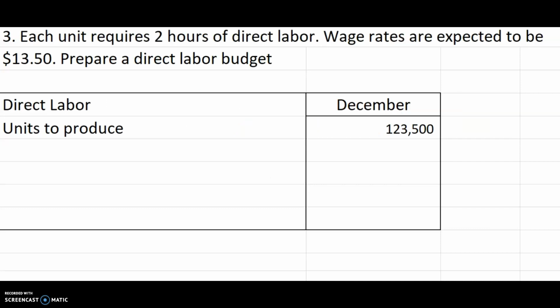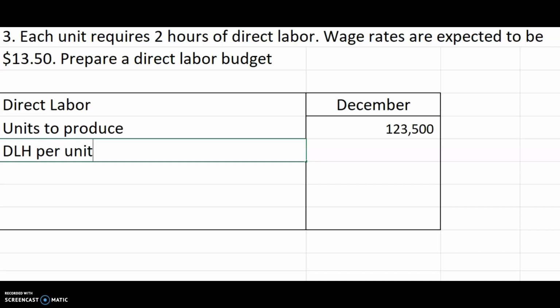So for our direct labor budget, in this example, we start with our December units to produce. Again, we take that from the bottom line of the production budget. We said we needed to produce 123,500 units in December. We're going to multiply that by the direct labor hours per unit.